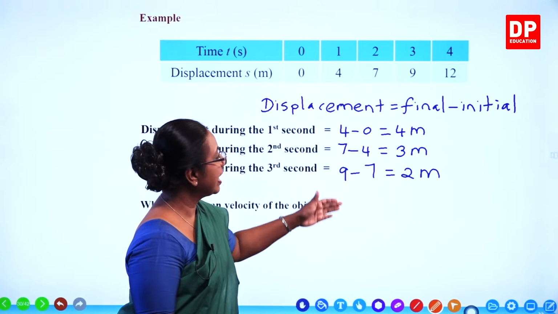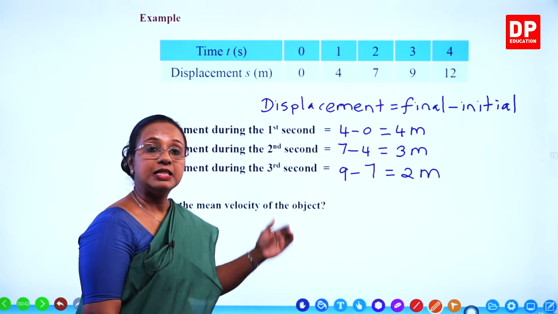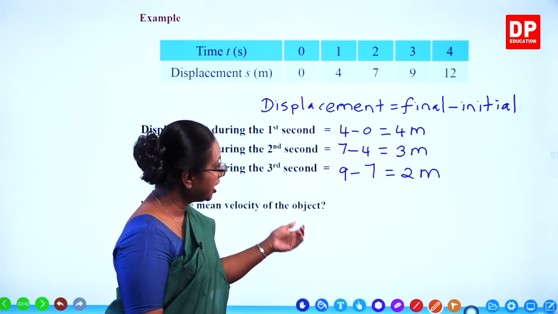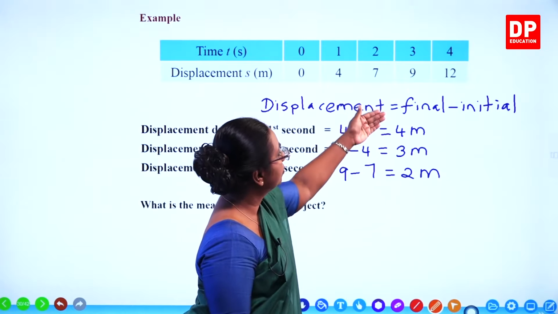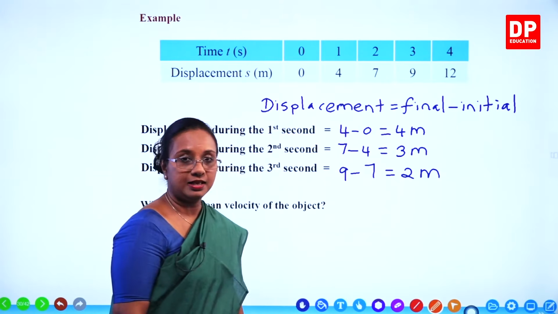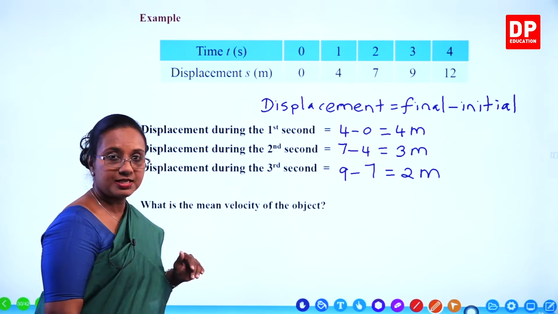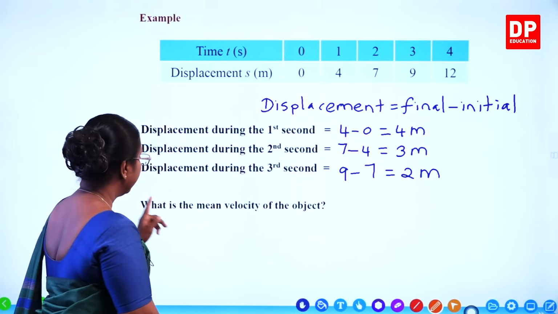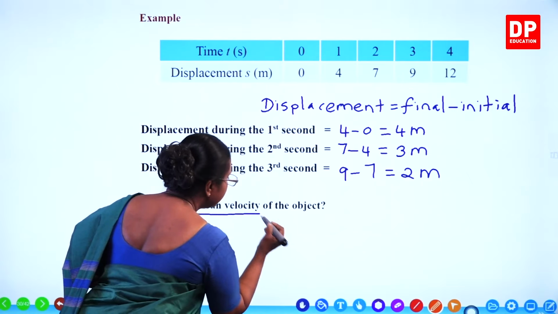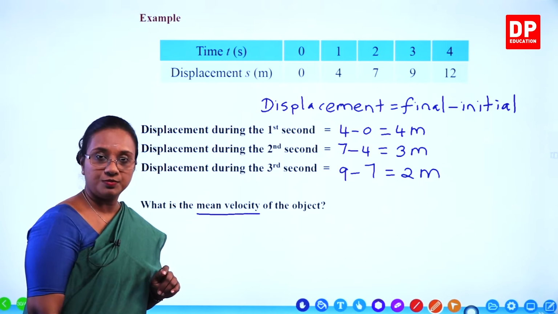And from these values, you can see the displacement values are changing and also they are decreasing with time. In such instances, what we do is we calculate mean velocity of the object.